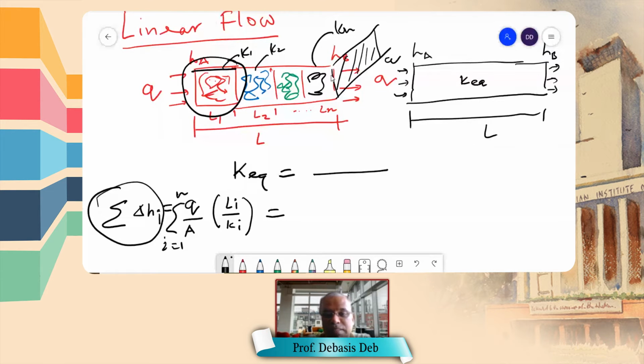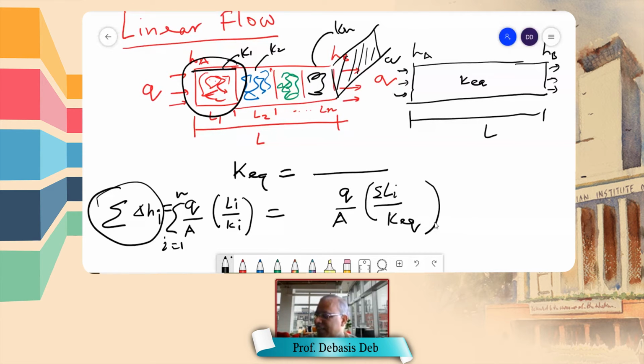The total pressure drop. You have done this with electricity: there you had the voltage difference between two points, or the potential difference. Here the potential is the pressure. It's exactly the same thing. So this one will be, again, Q by A, because this remains constant, times total L, or let me write summation of Li by K equivalent, right?